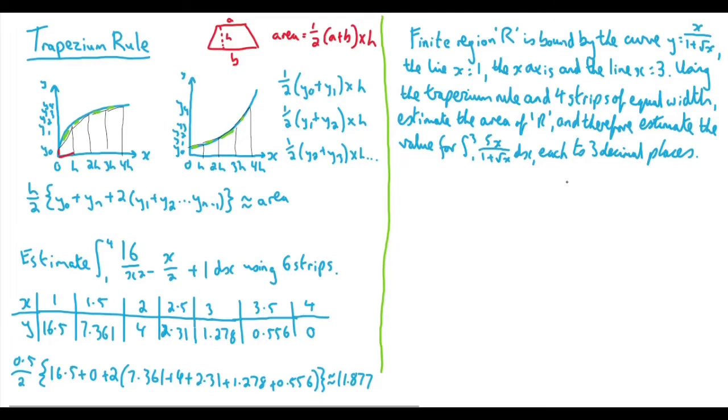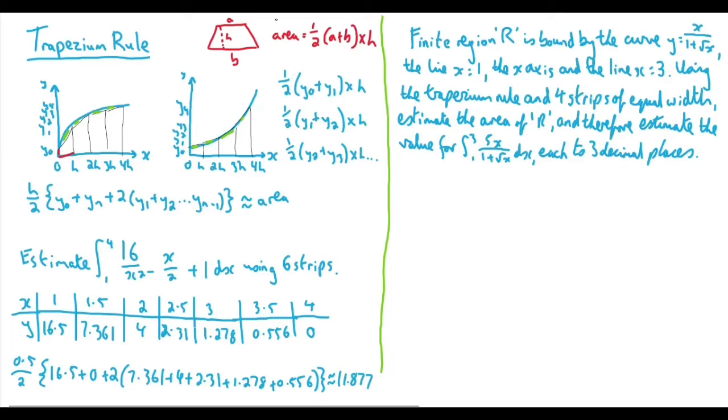Using the trapezium rule and 4 strips of equal width, estimate the area of R, and then, therefore, estimate the value for the integral between 3 and 1 of 5x over 1 plus the square root of x dx, in each case giving your answer to 3 decimal places. With the trapezium rule, the main thing is just identifying what numbers you need to plug into this formula. Look back at the example we just did, if need be. Pause the video, have a go for yourself, and then press play again when you're ready to compare.